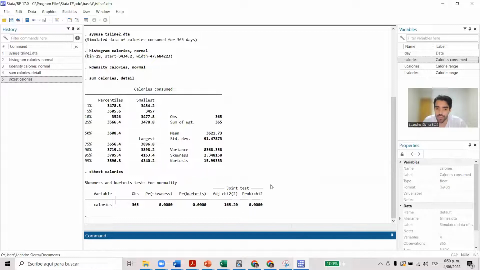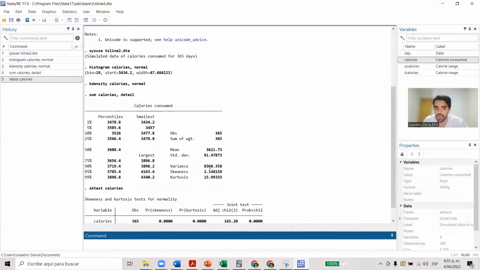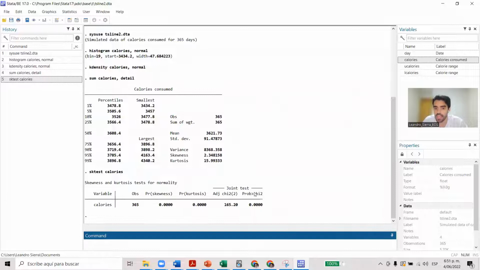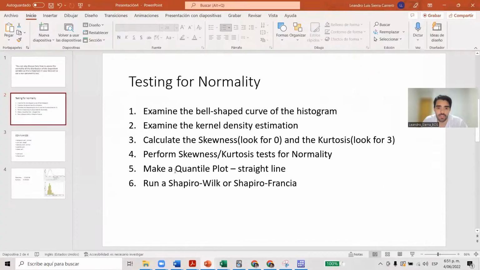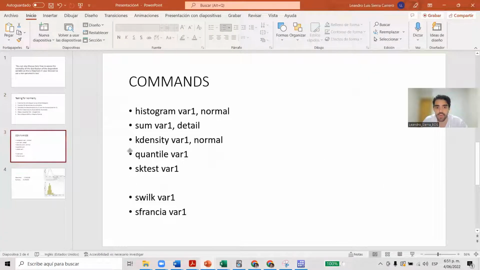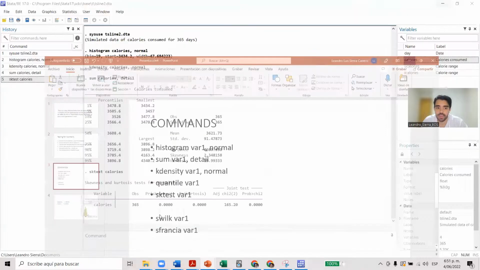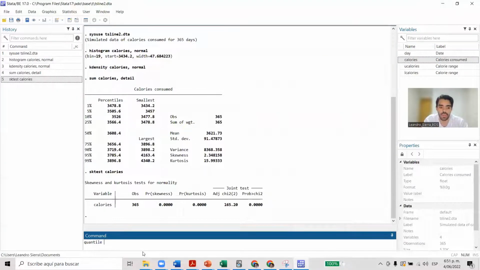So if we look at our graph or data set, apparently because of all the tests that we have done, this graph is not normally distributed, right? So we have still one test to do, that is a quantile plot. Quantile plot is pretty easy to do. Quantile plot, let's add the variable.